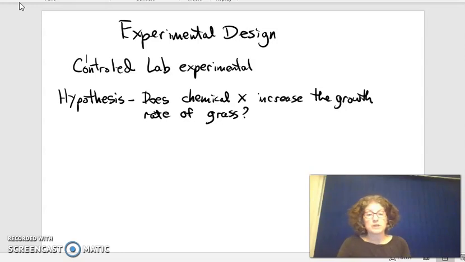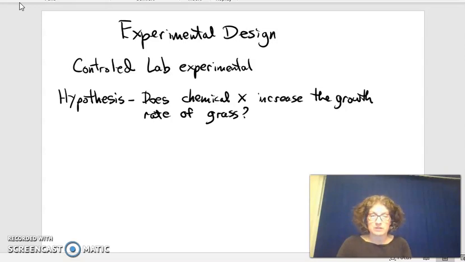Now, you can be much more specific than that. If you were really doing this and you were really working in a corporate or university situation, you would be specifying the chemical. You would be specifying a lot of other things with this hypothesis, the species of the grass and such. But we're just going to keep it simple today.